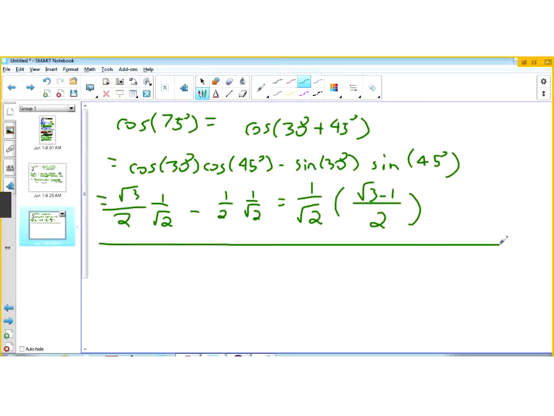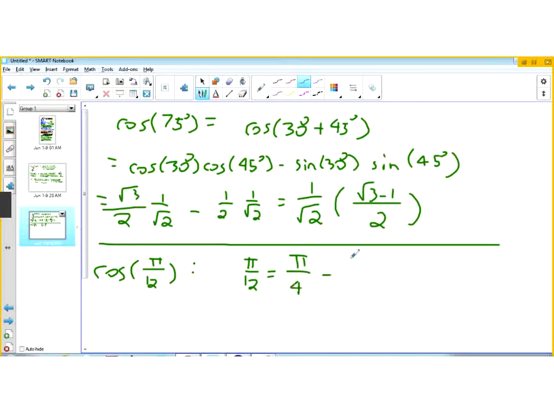All right, so how about the cosine of pi 12ths? Let's express this answer in radical form. Well, we need to express pi 12ths in terms of a sum or difference of familiar quadrantal angles.